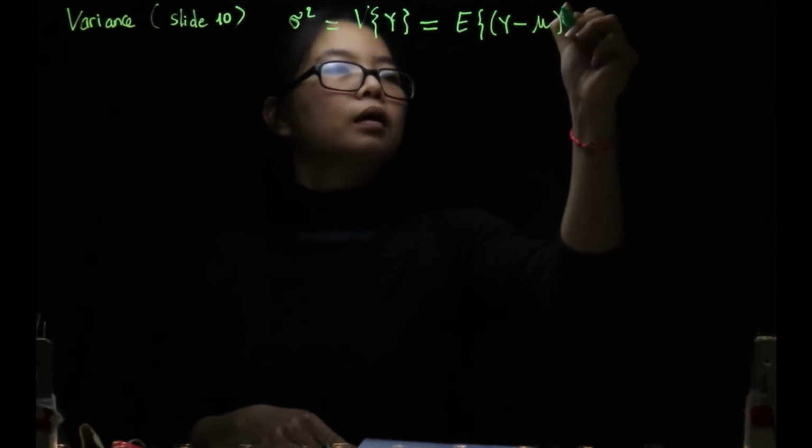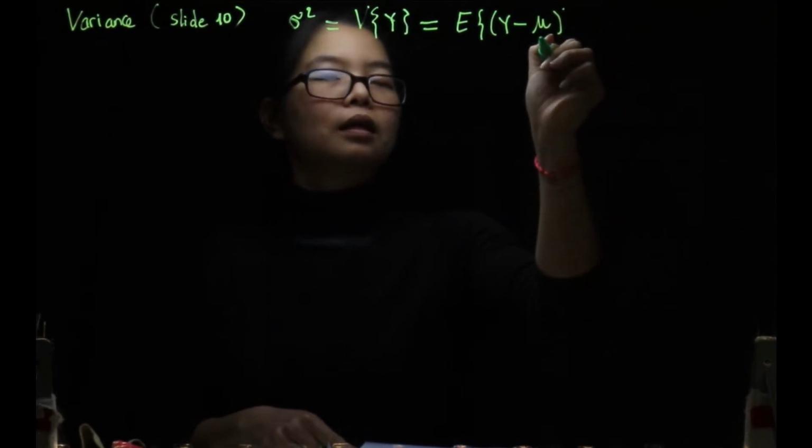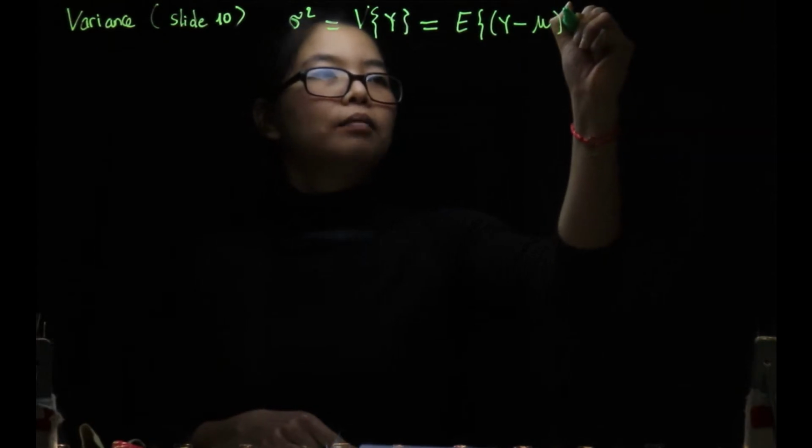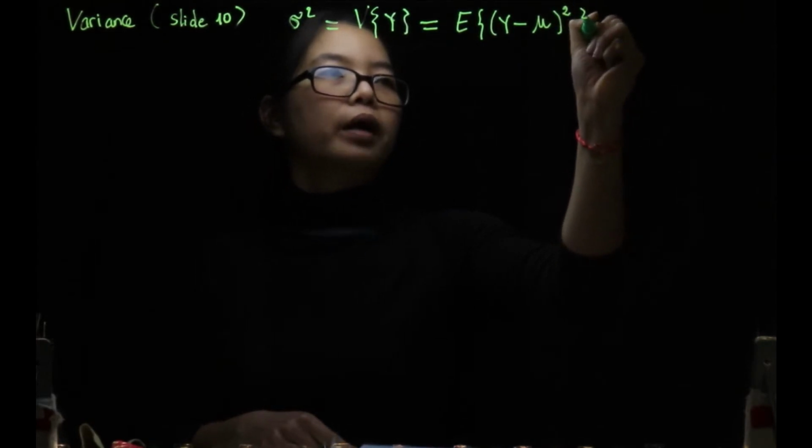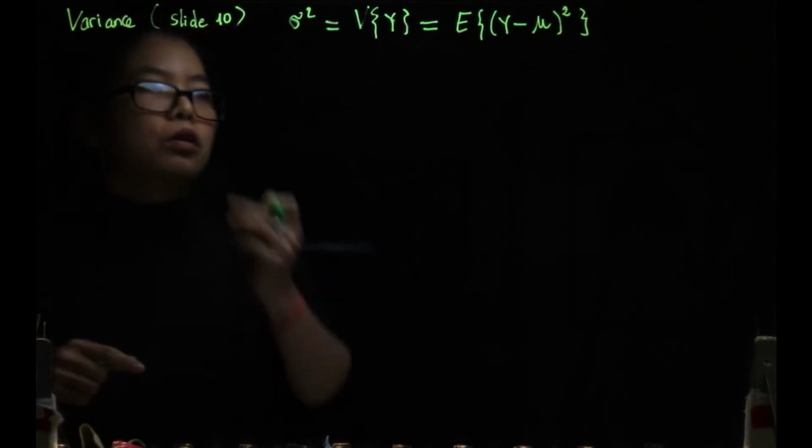But you ultimately understand that is E of y. Now, everything in the brackets square, and then finally close the curly brackets.